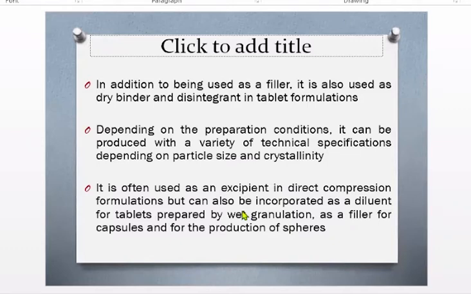It is often used as an excipient in direct compression formulations, but can also be incorporated if you are engaging in wet granulation, as a filler for capsules, and for the production of microspheres. So quite multifunctional, microcrystalline cellulose.